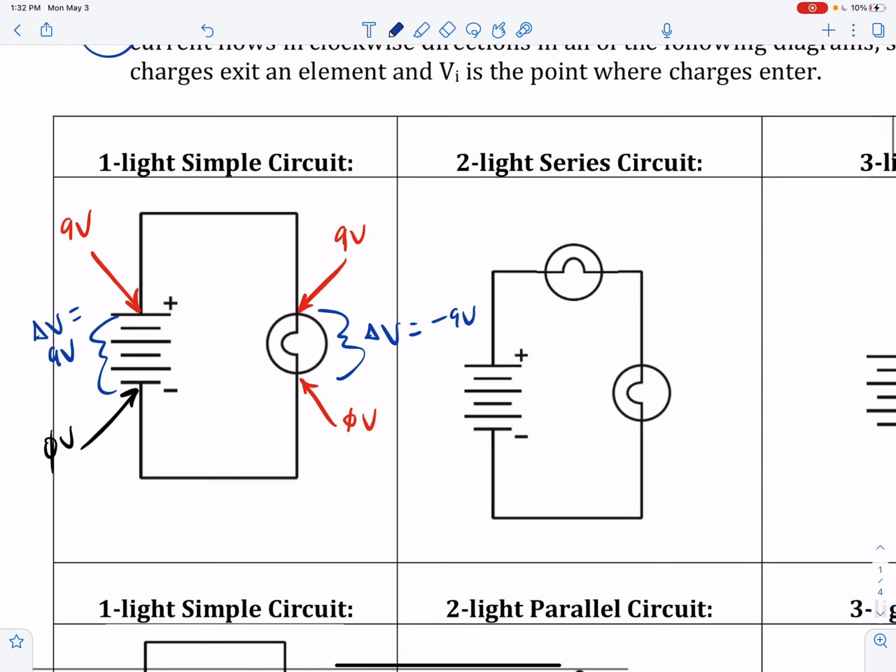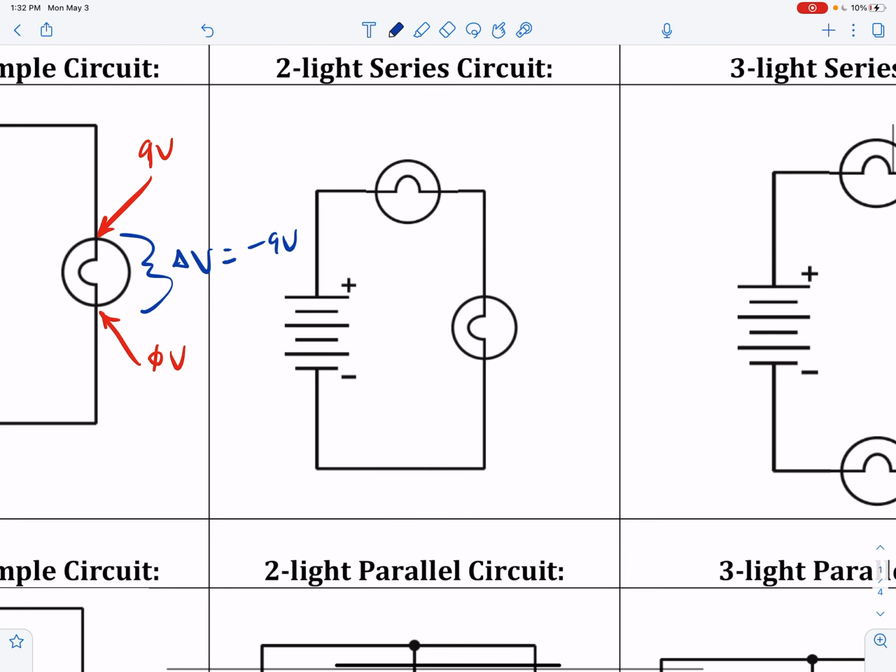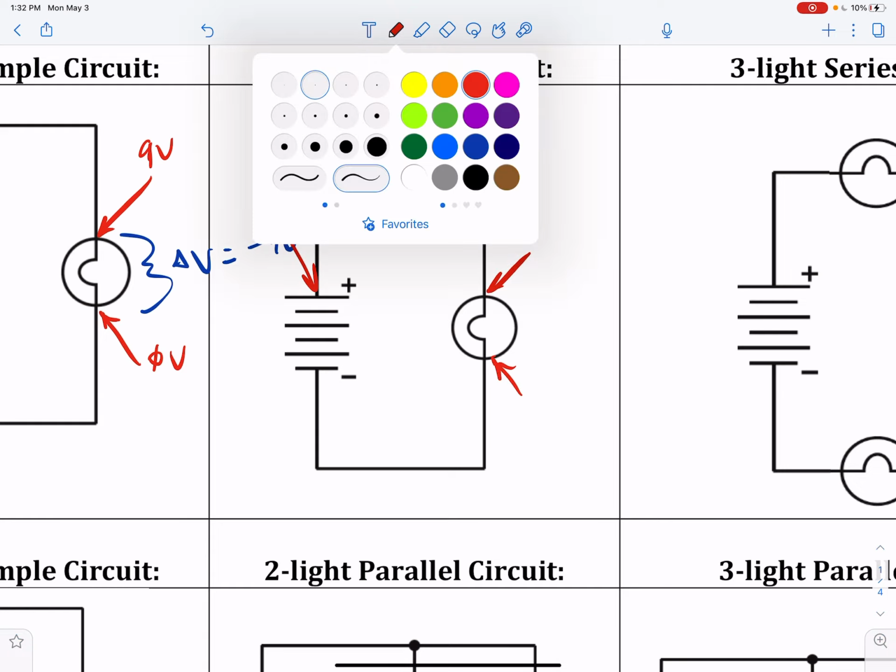Then you're going to continue that, moving to the 2 light, the 3 light, and then doing all the parallel circuits. I'll just show you how to set up the next one. For the next circuit, you're going to put the red end here, here, here, here, here, and the black end here.